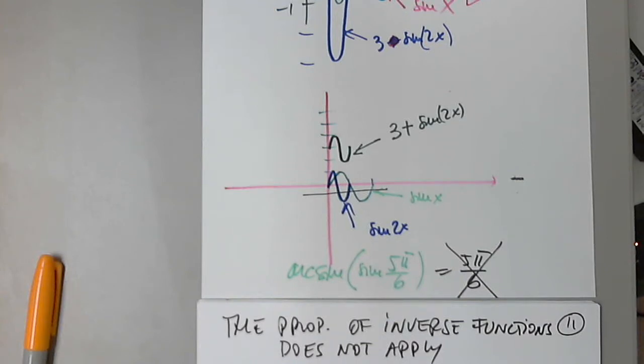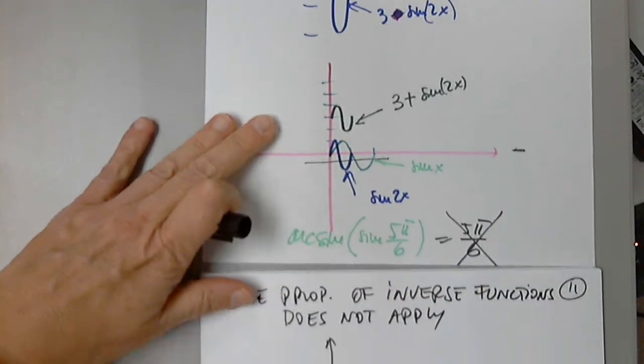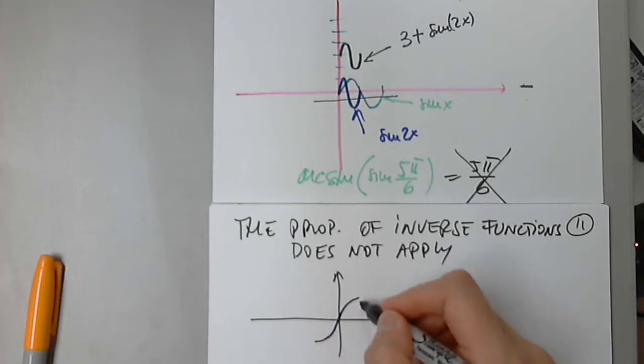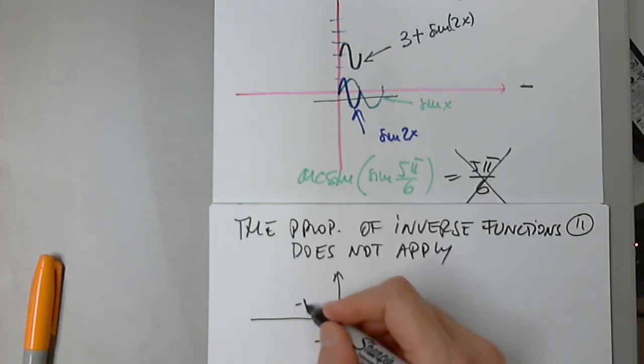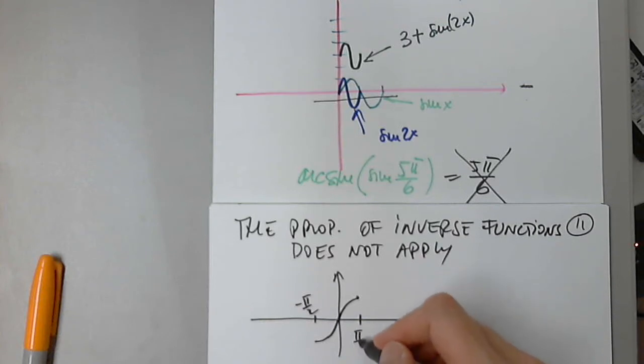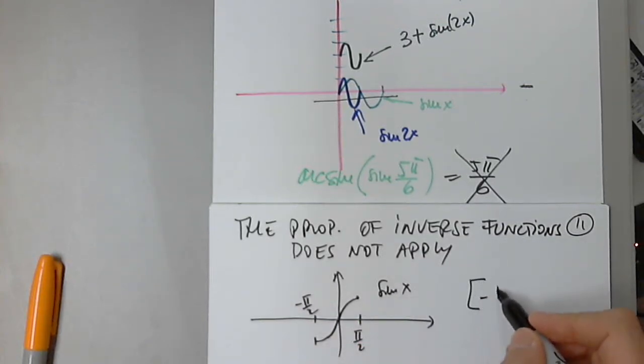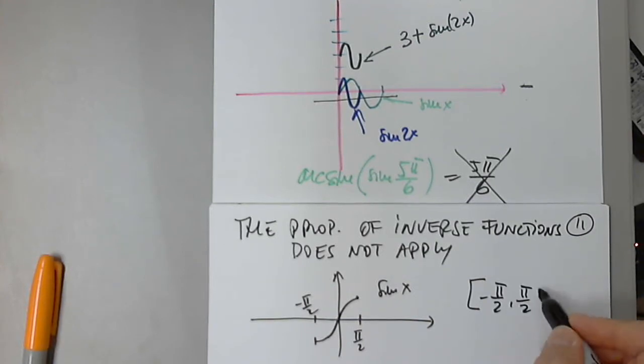And you can say, okay, but if sine is not 1 to 1, why are you talking about the inverse function of sine? True. But we can, and we will, because we truncated the domain. We cut the domain of sine x only between negative pi over 2 and pi over 2.